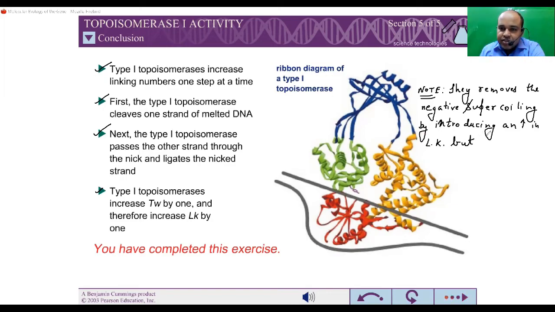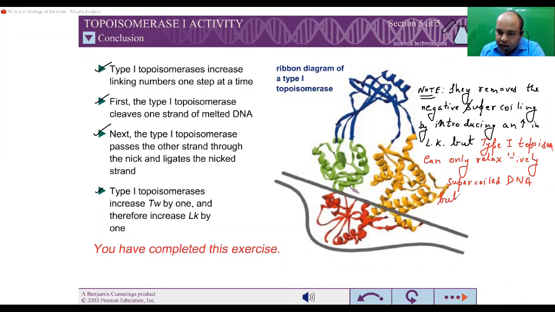But this is very important. Type 1 topoisomerases can only relax negatively supercoiled DNA, but cannot induce positive supercoiling.